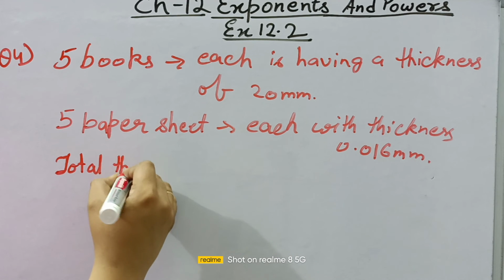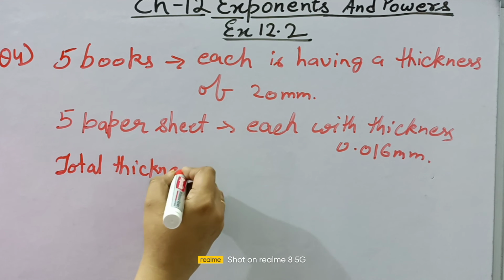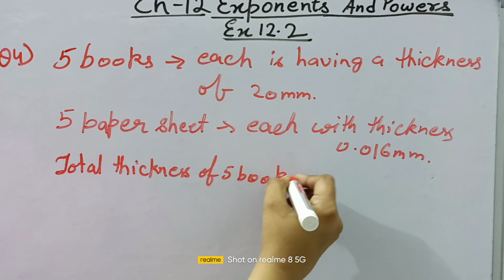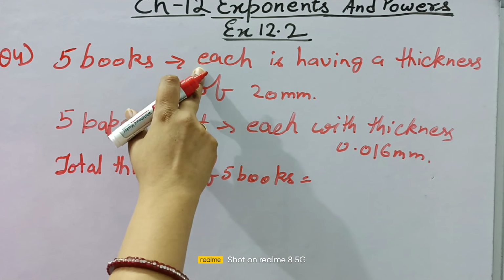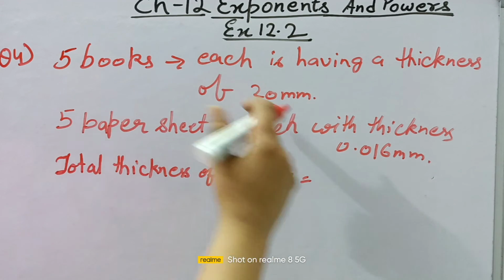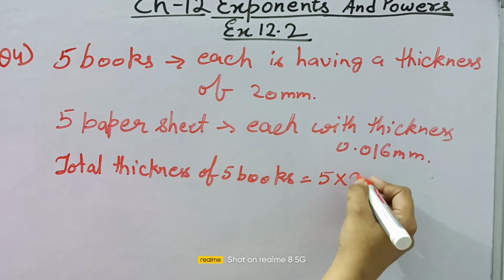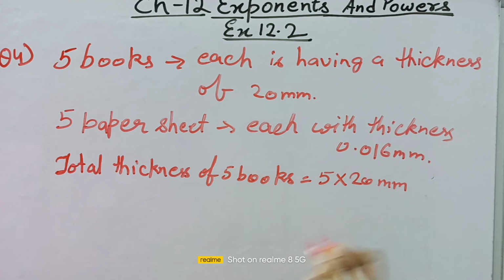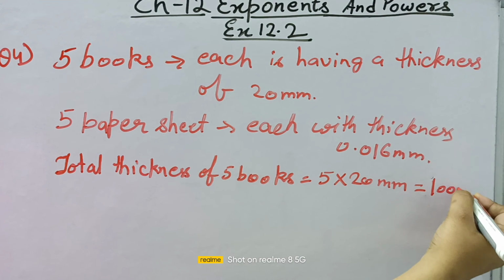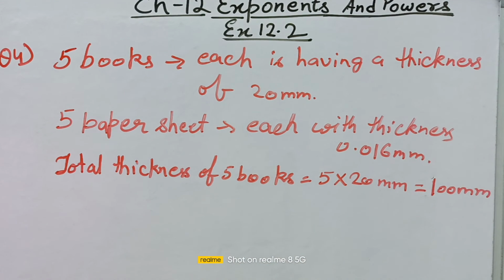Total thickness of 5 books is equal to, when each book is of thickness 20 mm, that means 5 books will be of thickness 5 multiply 20 millimeter, and this will become 100 millimeter.